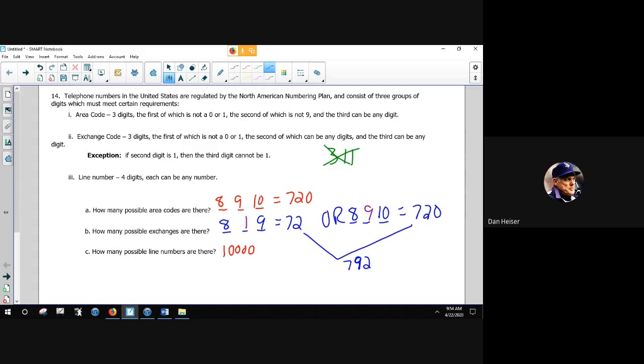So because we had this exception, we had to split this into 2 separate possibilities. 1 possibility here, or a second possibility here, and then we look at the number of ways to do each of those. And then the final part of this problem that is not showing up on the screen is how many possible telephone numbers are there in the United States. We would take this number multiplied by this number multiplied by 10,000.